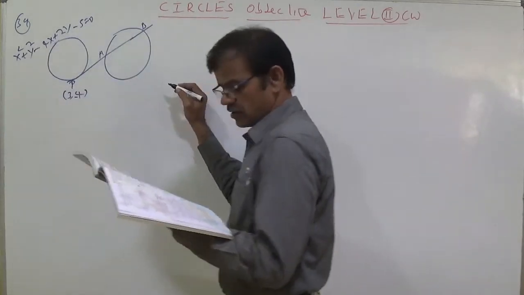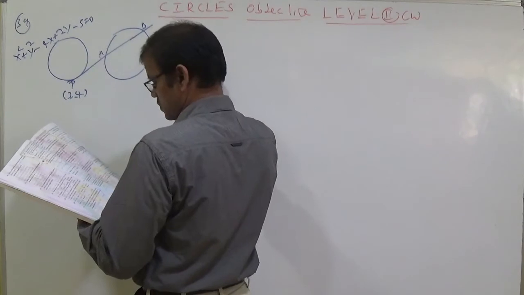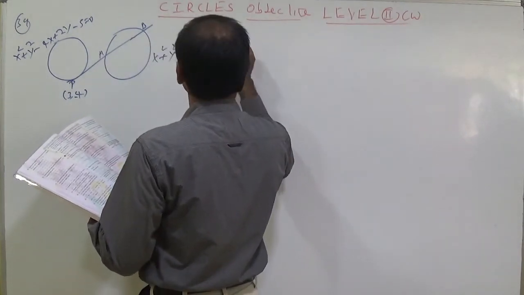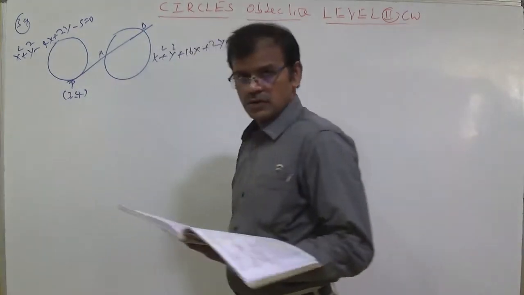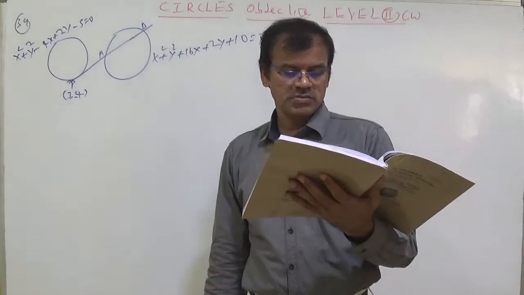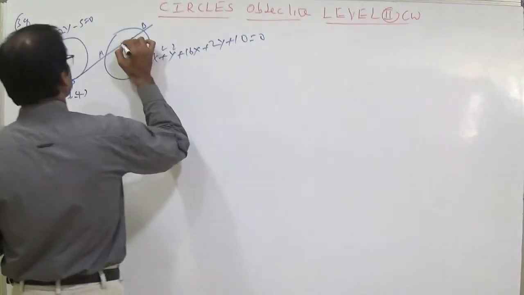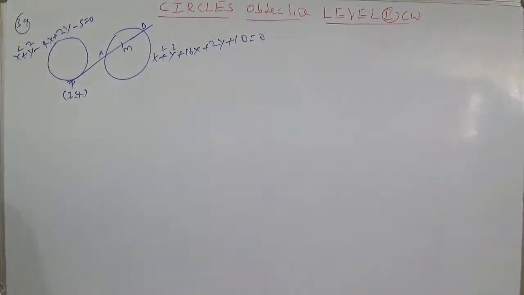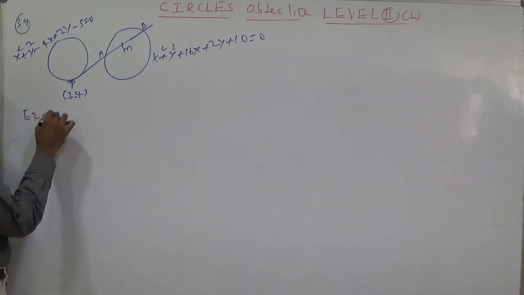Another circle is x² + y² + 16x + 2y + 10 = 0, cut at A and B. Then find the midpoint of AB. Put here M, the midpoint of AB. Now we can write the equation of the tangent.